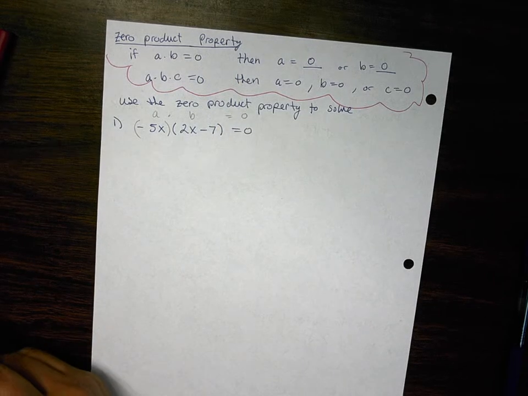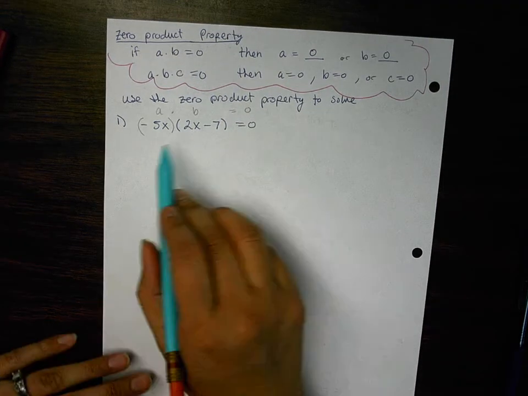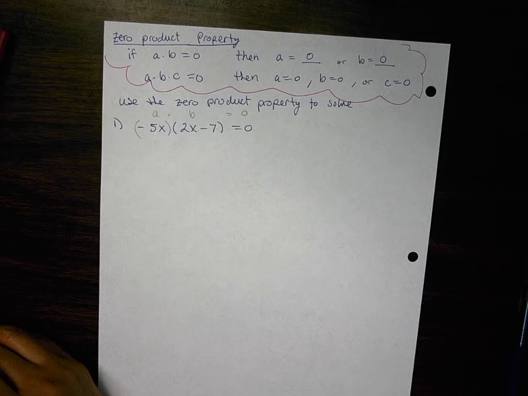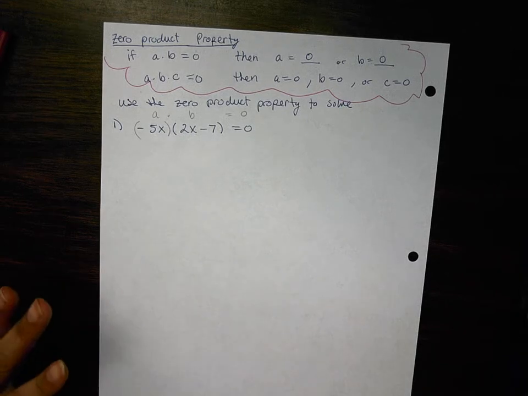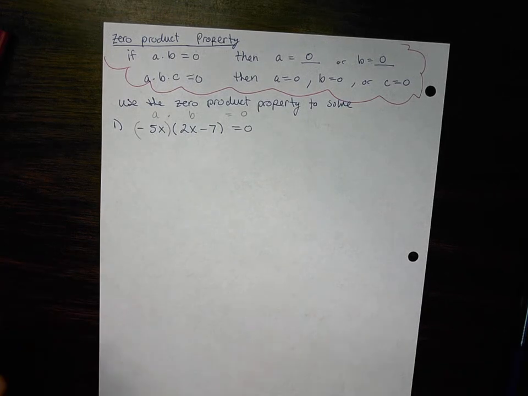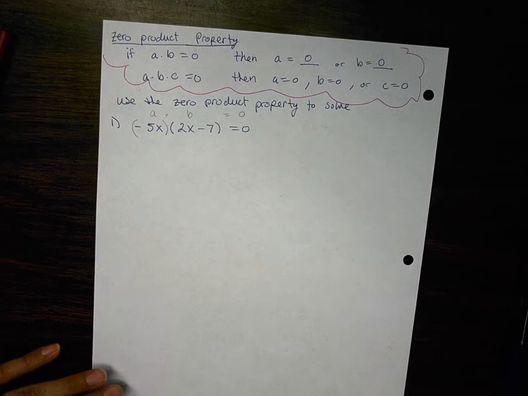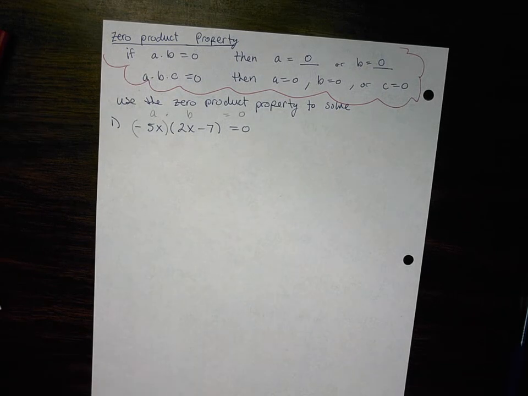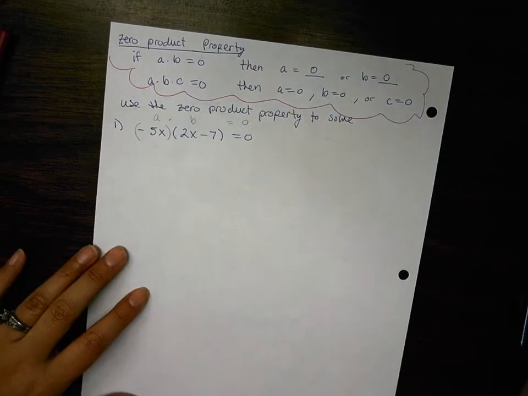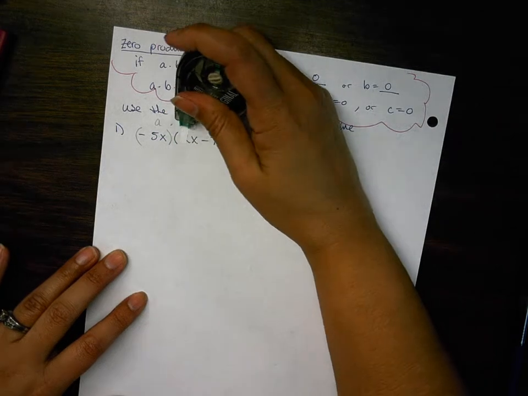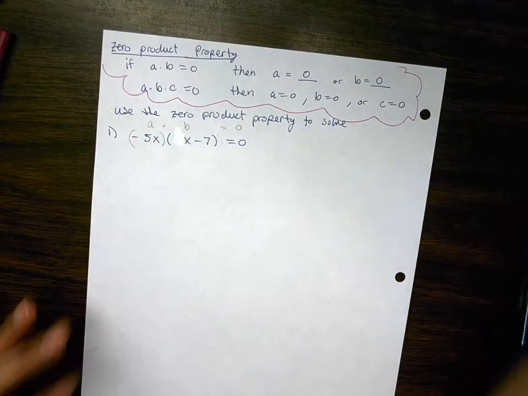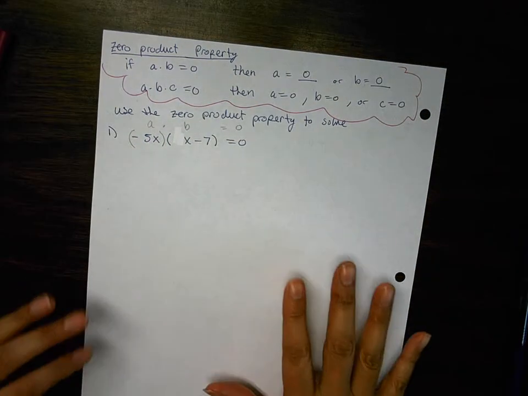If I'm trying to solve for x, one of these must be 0. And only because I want to come back and check this, I'm going to make one small change. I'm going to make this just x minus 7. If you guys will please make that change with me. Okay, are we ready?